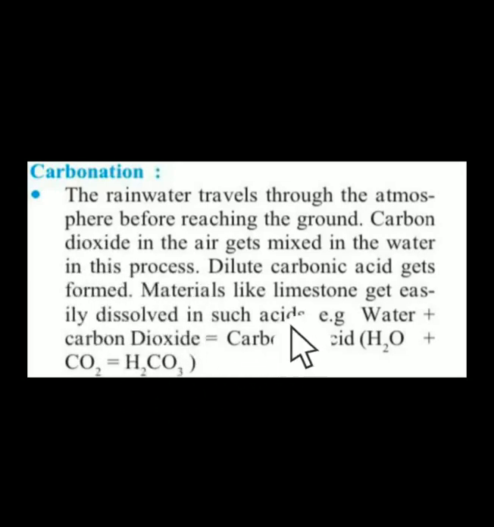That is what is explained to you in this paragraph. Here we have water, that is H2O. Rainwater gets mixed with carbon dioxide present in the air, that is CO2, and then what we get is H2CO3, which is known as carbonic acid. So this is the first thing, called carbonation.